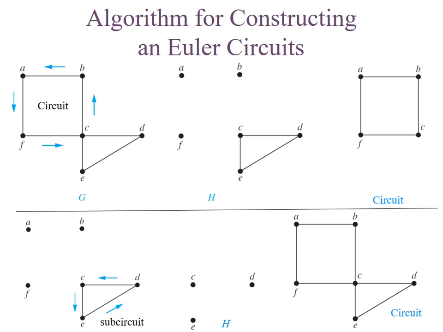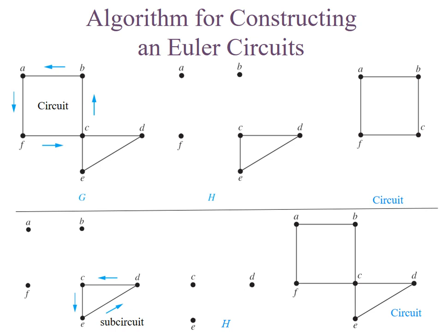Once we find the connected component as a simple Euler circuit, we remove all edges of this circuit we discovered, and then we put this circuit into a new figure here as the main circuit.